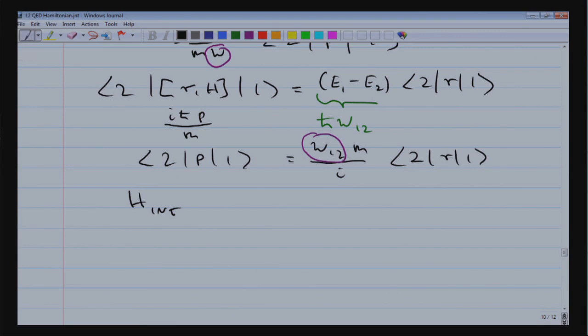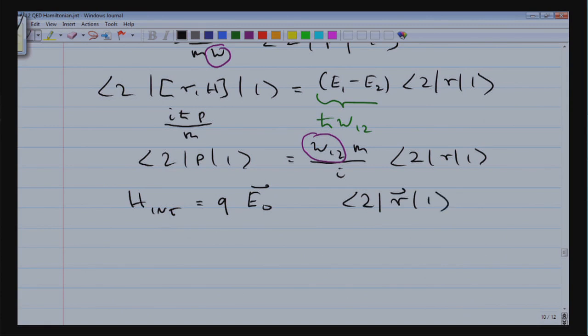The A was expressed by the electric field. So therefore, we have now the electric field times the position matrix element, or the dipole matrix element, if you multiply the position of the electron with the charge.